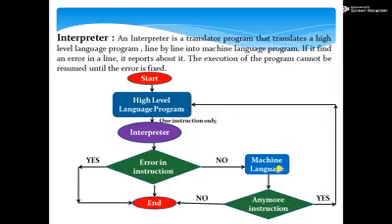If it finds any error in a line, it reports it. The execution of the program cannot be resumed until the error is fixed. It means if the interpreter finds any error in a statement, it stops the execution and does not start until the error is fixed.